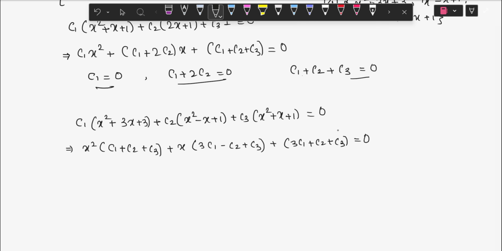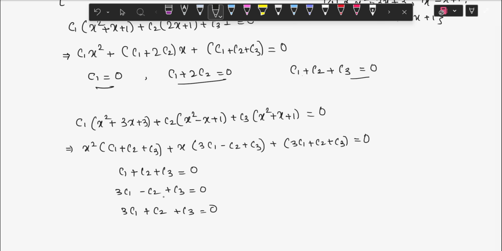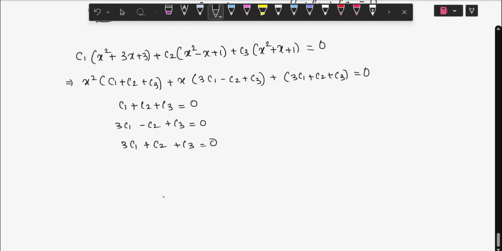Again, if we equate the like power of x, we have c1 plus c2 plus c3 equal to 0, 3c1 minus c2 plus c3 equal to 0, and 3c1 plus c2 plus c3 equal to 0. Now this system has a non-null solution if the coefficient determinant is 0, and it has only the null solution if the coefficient determinant is non-zero. So let's consider the coefficient determinant 1 1 1, 3 minus 1 1, 3 1 1.